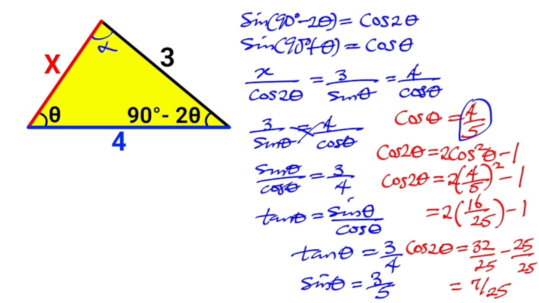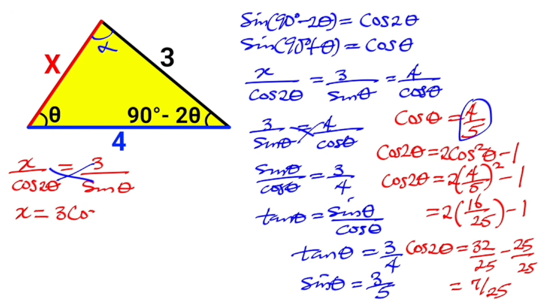To solve for x, let's bring back our equation connecting x to the other ratios. This follows that x divided by the cosine of 2 theta is equal to 3 divided by the sine of theta. By cross multiplication, x is equal to 3 times the cosine of 2 theta divided by the sine of theta.